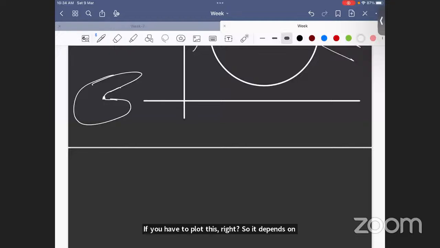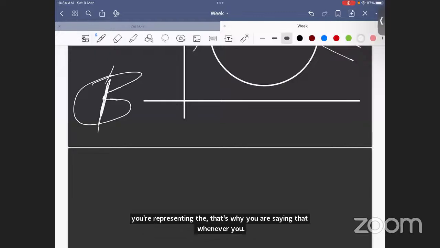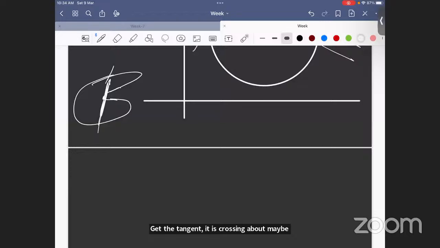In 3D, maybe there's a possibility that the curve you are drawing, when represented in 2D, shows the tangent crossing a point. Maybe this is in 3D, and then it's not crossing.